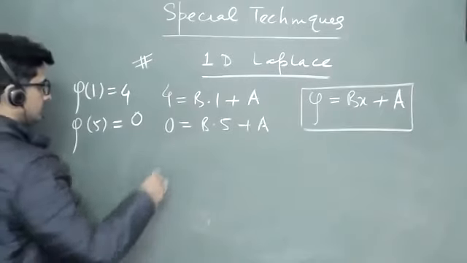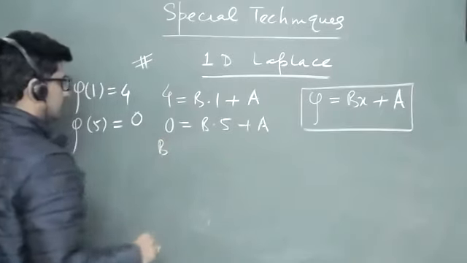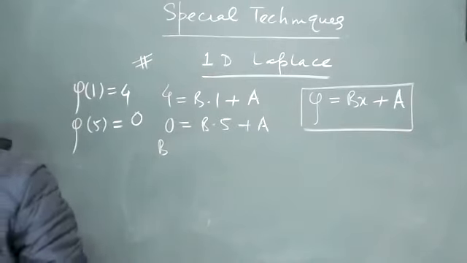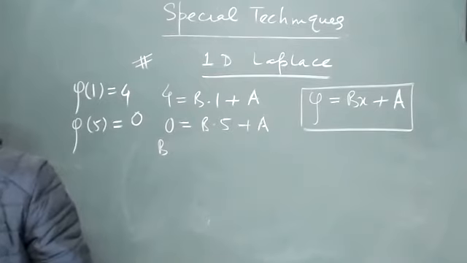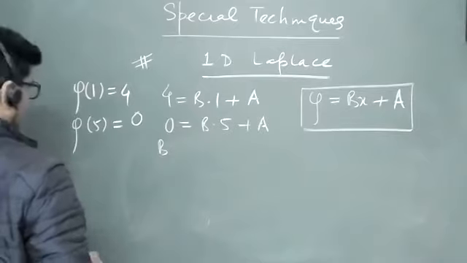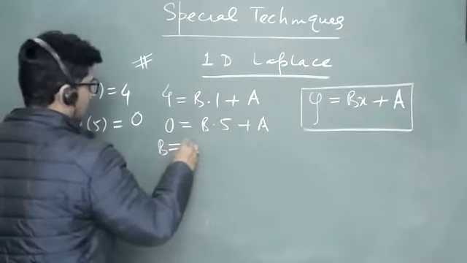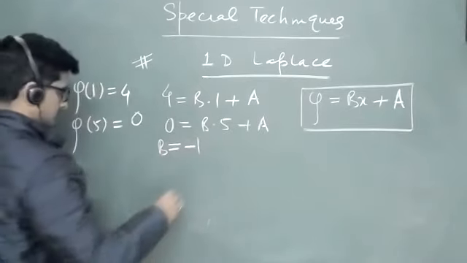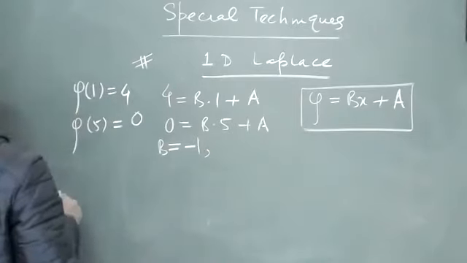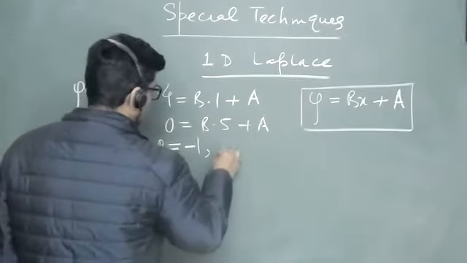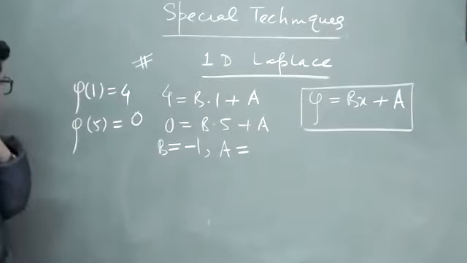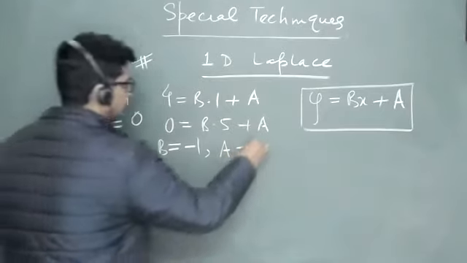So b equals 1 and a equals 3? No, b is equal to -1. So a is equal to 5.